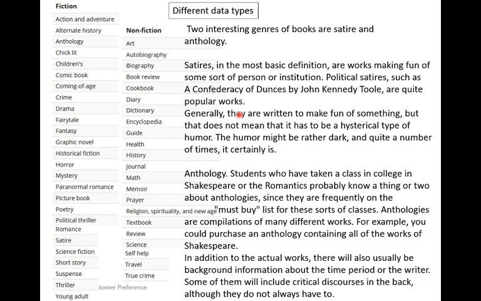Okay, so we go further into these different data types, and this is about books. And here we have some categories of books, and well, I won't read this, but it is about this.